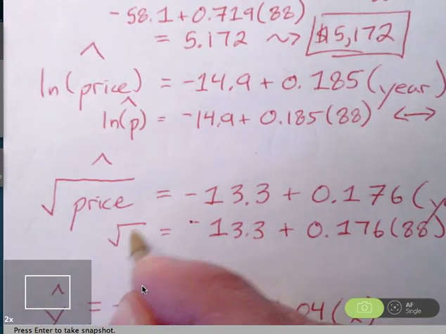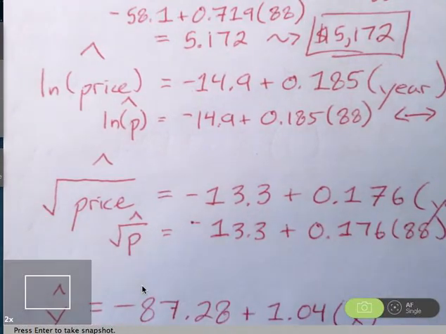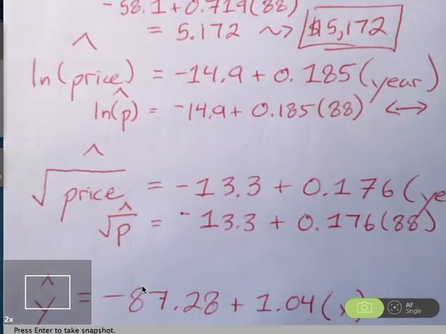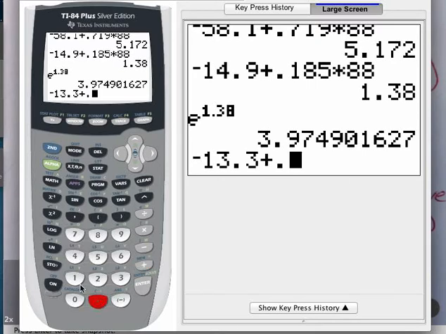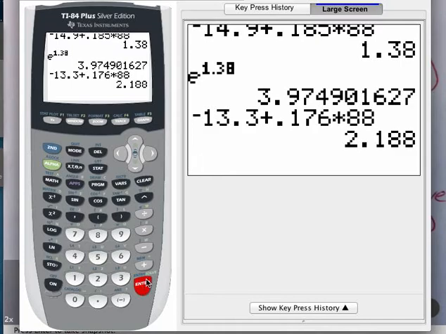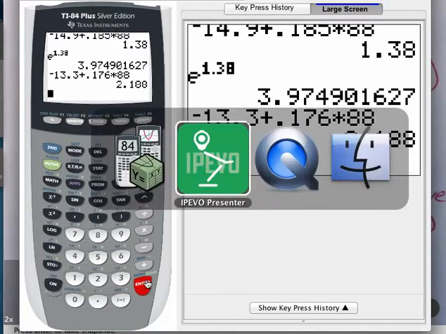So I'll call it P, my predicted square root of P. So I need to plug that into the calculator, see what I get. So I got my negative 13.3 plus 0.176 times 88. So that gives me 2.188, but I am not done.